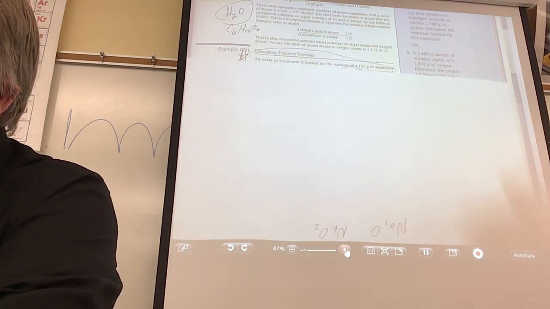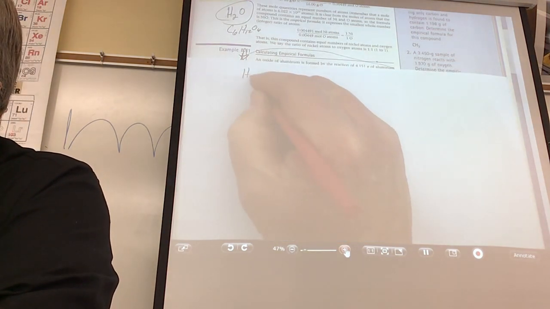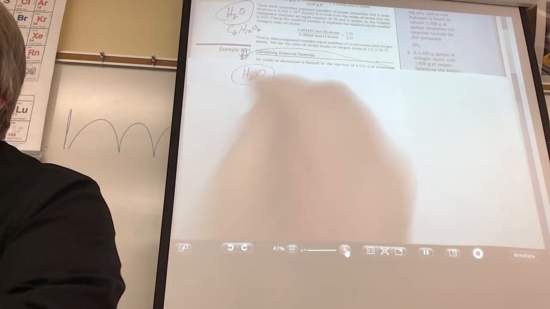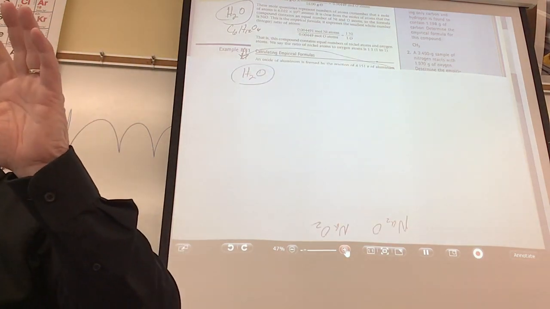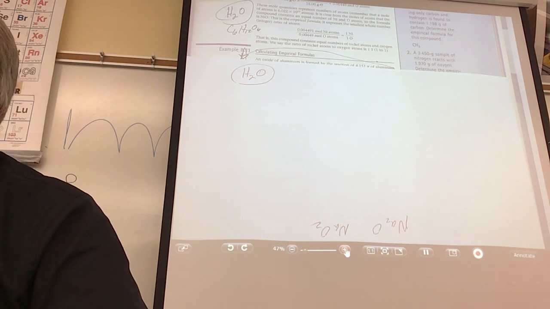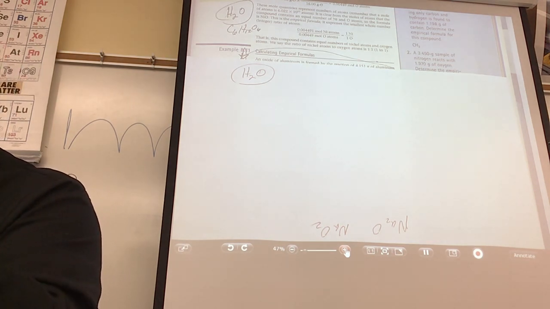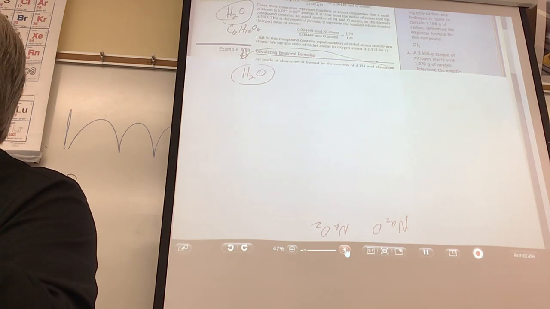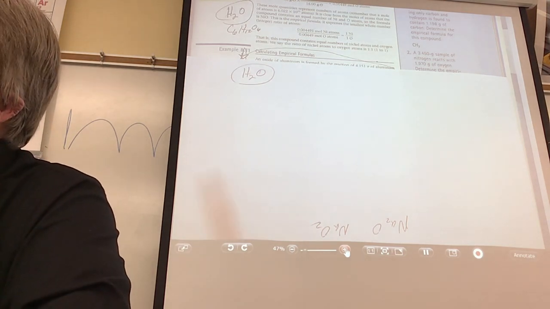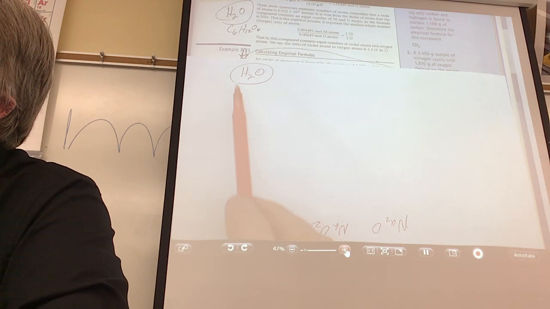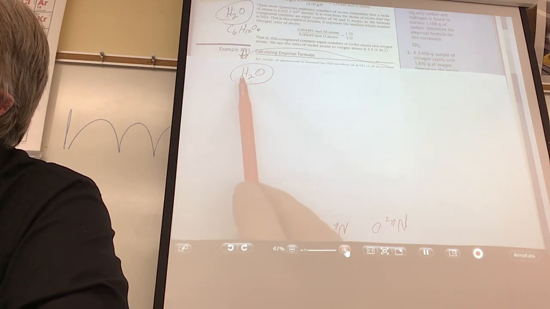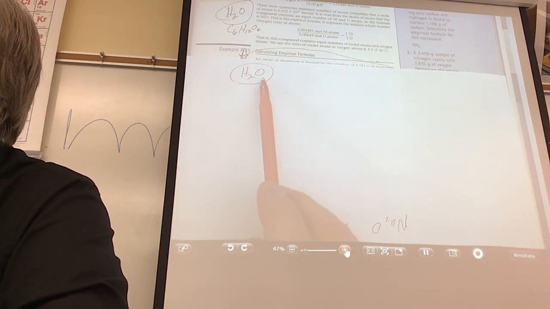Now, I want to show you something. If I want to find any formula of any chemical, what world do I have to be in? I know you don't like me saying this, but what world do I have to be in when I look at a formula? Am I in the world of mass? Does this say 2 grams of hydrogen is found with 1 gram of oxygen?